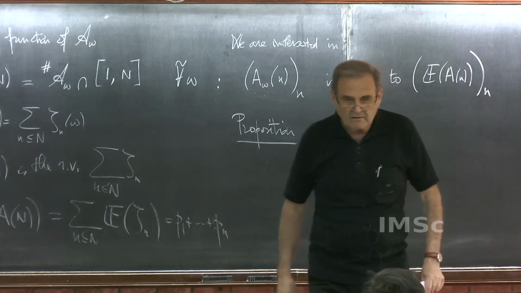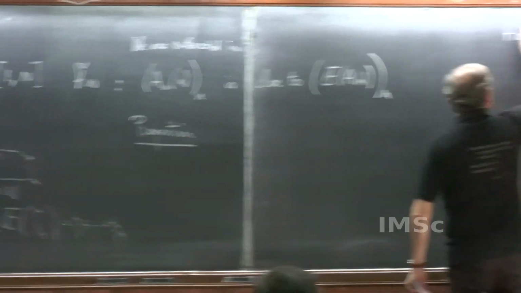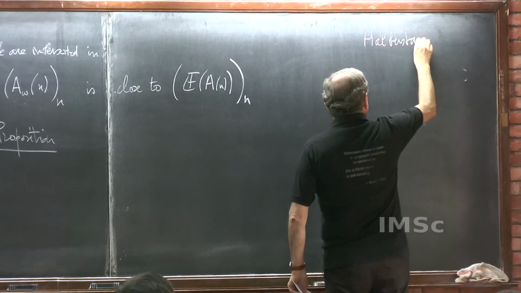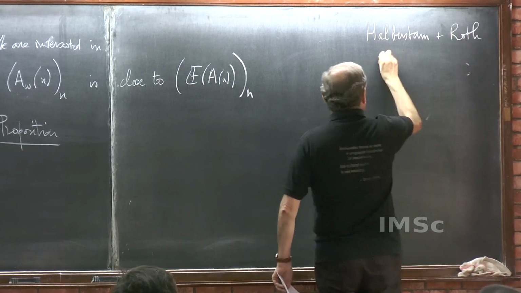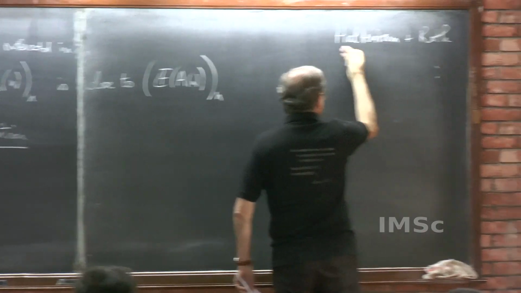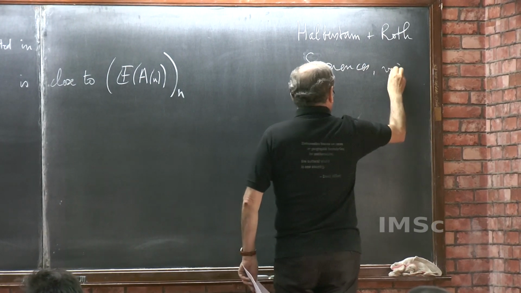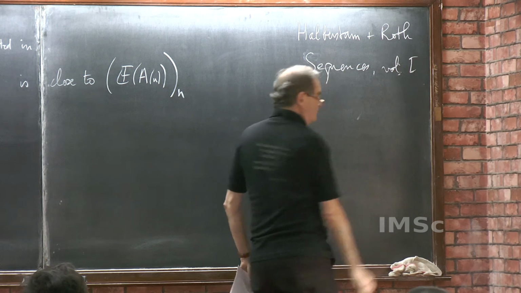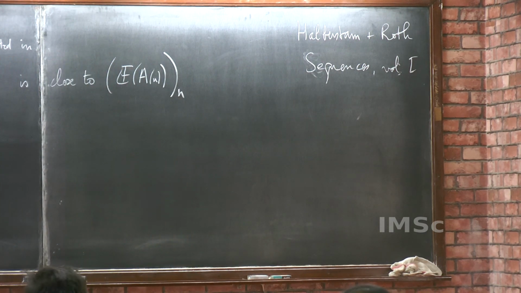Let me write it, because otherwise I'm going to forget. So Halberstam and Roth. It is not a recent book. It is 50 years old, but it's quite interesting. Sequences, volume 2. And there is a chapter on probabilistic number theory, and they prove exactly what they need for that.